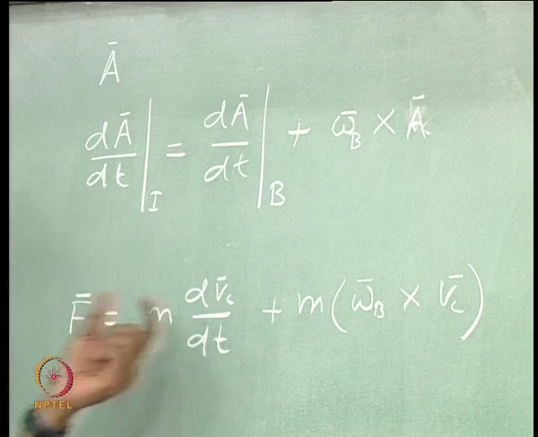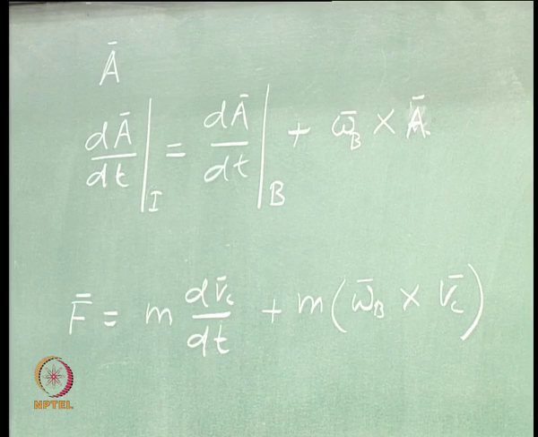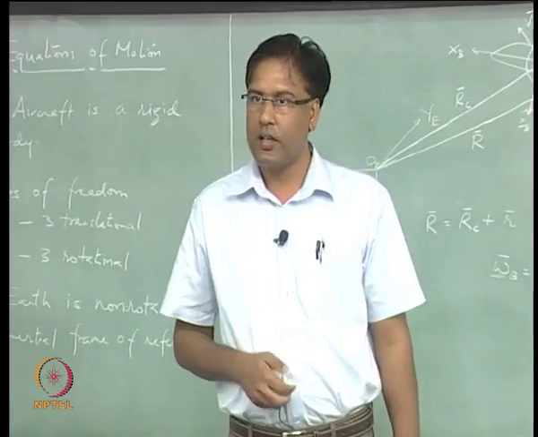What is my Vc? Vc is the velocity of the center of mass of the aircraft, right. It will have three components along aircraft fixed axis.